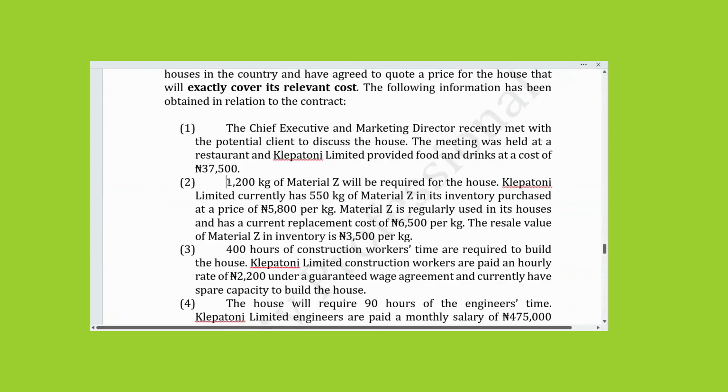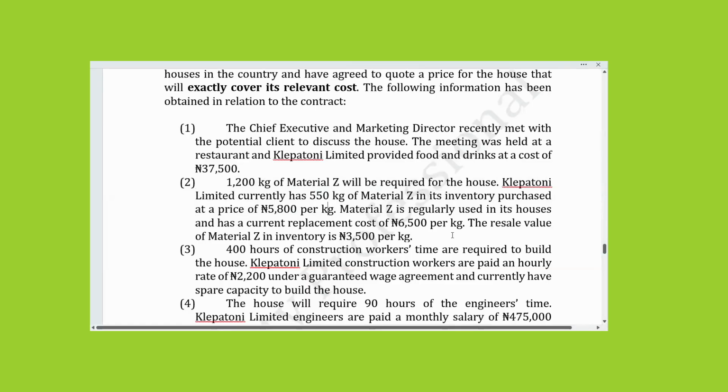Additional information number 2. 1,200 kilogram of material Z will be required for the house. So to build this house, the company is going to require 1,200 kilogram of material Z. Clepatoni Limited currently has 550 kilogram of material Z in its inventory, purchased at a price of 5,800 naira per kilogram.